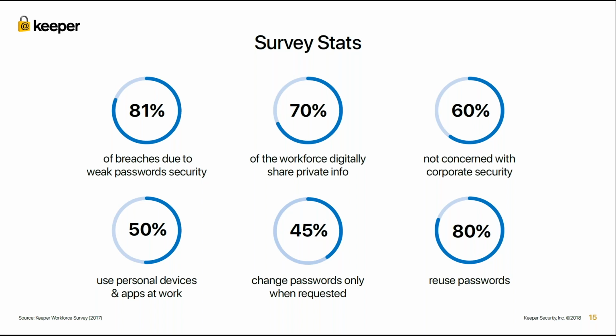Next is that 70% of the workforce that we surveyed digitally share private information. The problem is that when they share information, for example, if I'm on Slack or Skype or some other system like email, and I need the password to get into, let's say, a tax software or an accounting software or a client's QuickBooks file, whatever the case may be, typically what we see is that those credentials are being shared in an unsecure format.